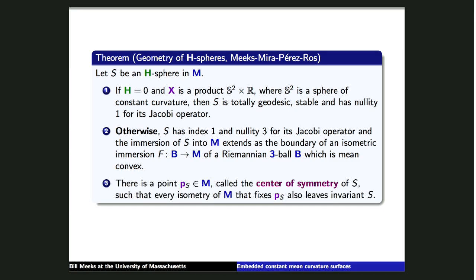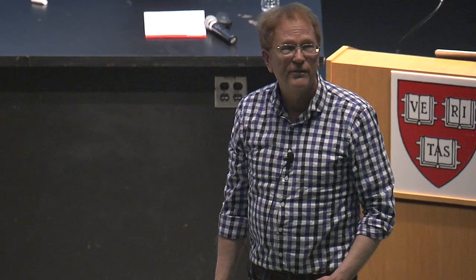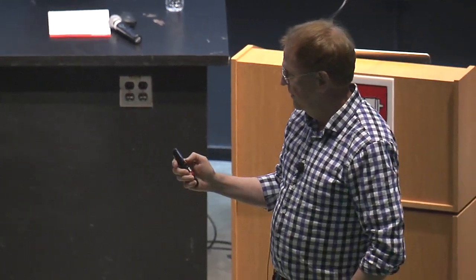And this is one of the key ideas of uniqueness in these spaces. There should be associated to the sphere a point. When it's totally geodesic and S2 cross R, that point's not very clear. But when you have this ball that bounds the sphere, maybe there's somehow a center and it's uniquely defined. And that's the case.